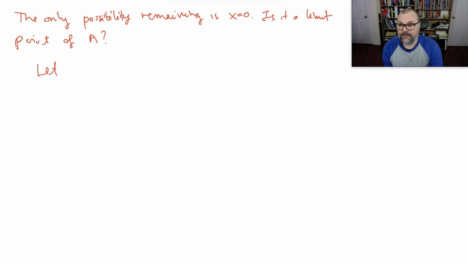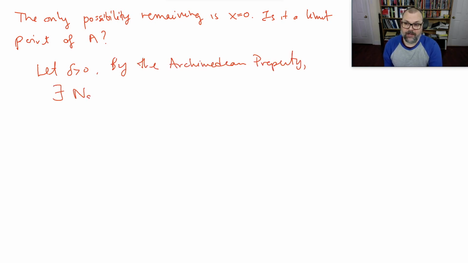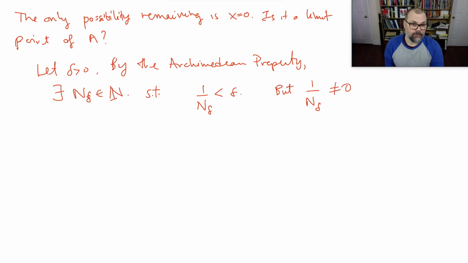So let delta be an arbitrary positive number. By the Archimedean property, you can find an integer n delta such that 1 over n delta is smaller than delta. Now we know that 1 over n delta is not equal to 0, and that 1 over n delta is contained in A. I mean, that's how you define A. It's the harmonic numbers, the ratios of 1 divided by integers.